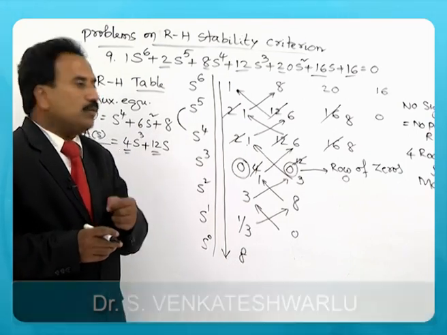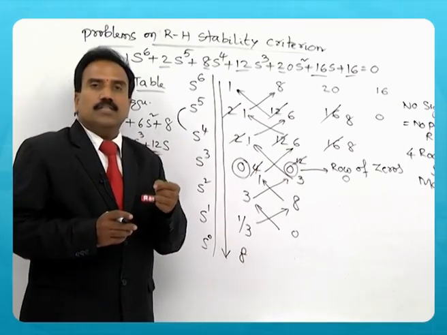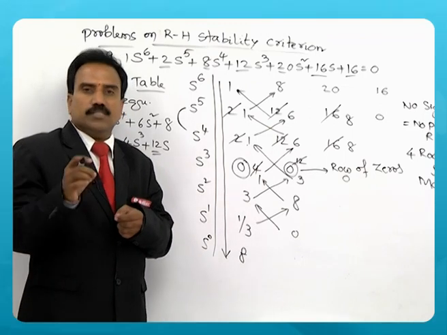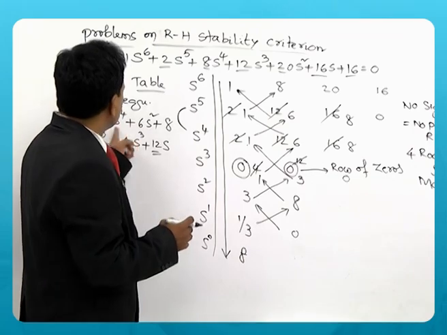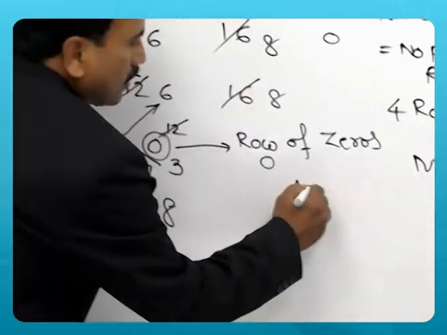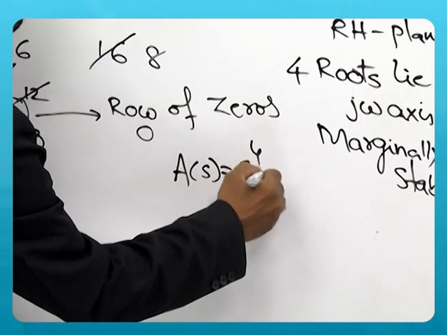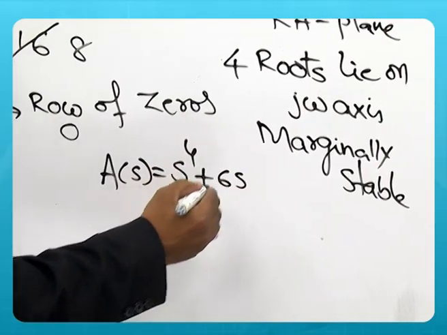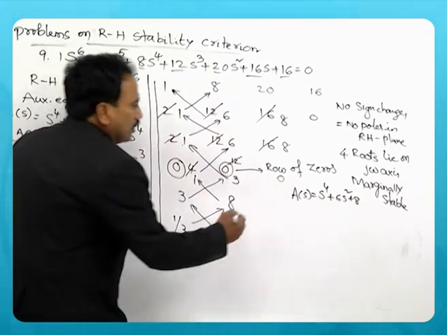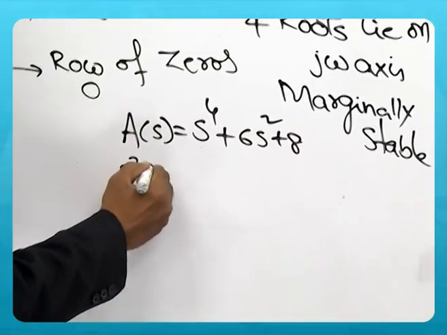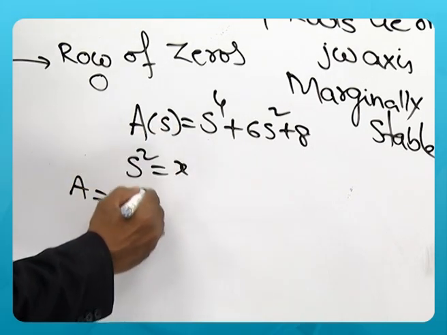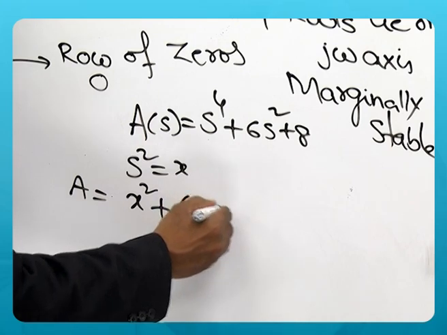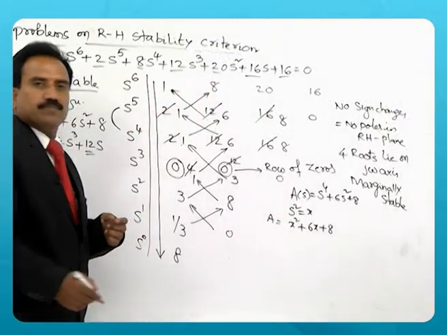Now I would like to know where these poles are located on the j omega axis. For that, you can take the auxiliary equation, s power 4 plus 6 s square plus 8. Now put s square equal to x, then the auxiliary equation becomes x square plus 6x plus 8.